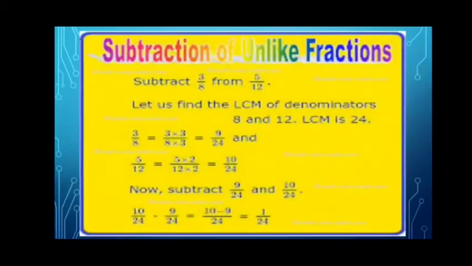Let's take another example where the fractions have different denominators. That is subtraction of unlike fractions. We call them unlike fractions because they have different denominators. So the question is, subtract 3 over 8 from 5 over 12.